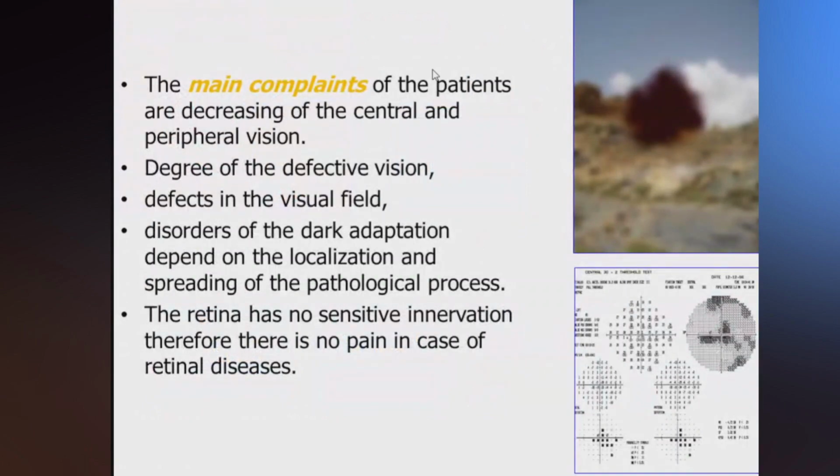The main complaints of the patient with retina diseases are decreasing of the central and peripheral vision. The patient can complain of different defects in central vision, like blind spots.